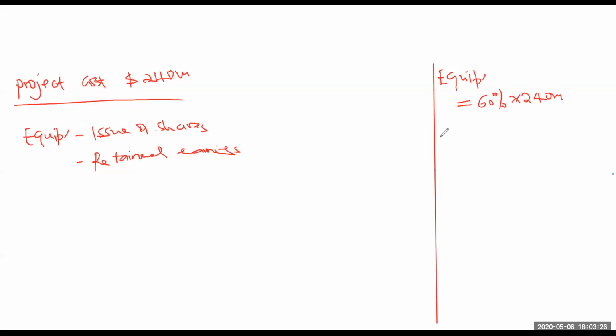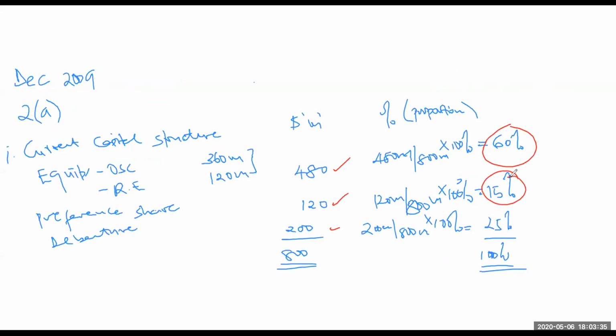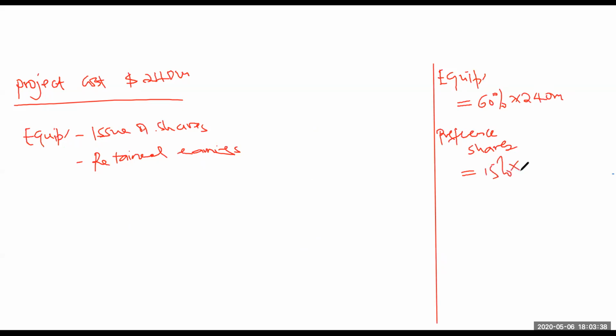The amount from preference share is the proportion 15% times 240 million, and the amount from the issue of debt is the balance, that is 25% of the 240 million. For equity, we get 144 million.